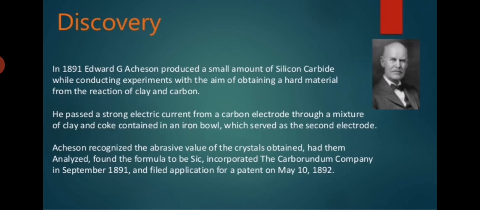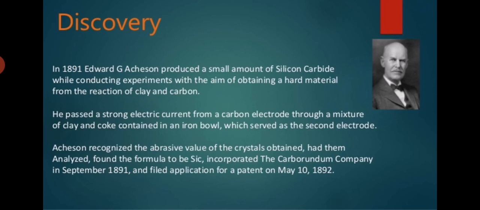Coming to the history or discovery of carborundum, in the year 1891, Edward G. Acheson produced a small amount of silicon carbide while conducting experiments with the aim of obtaining a hard material from the reaction of clay and carbon.